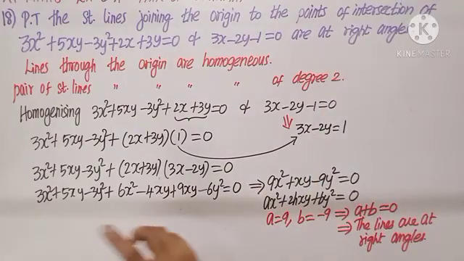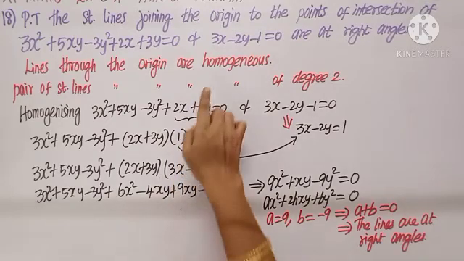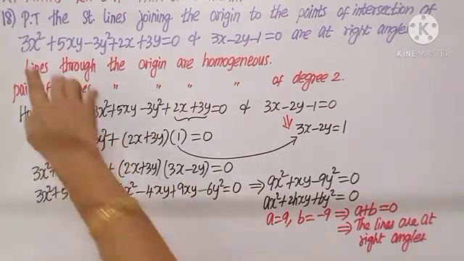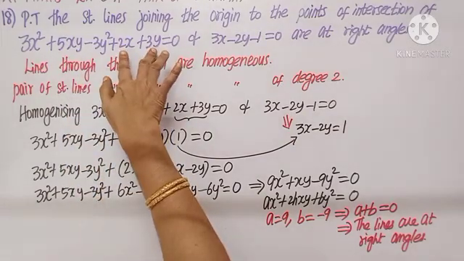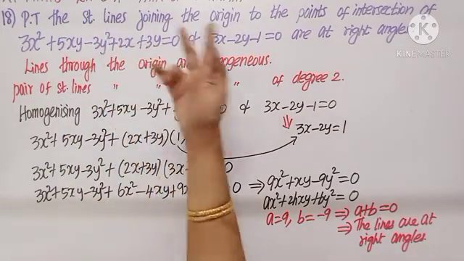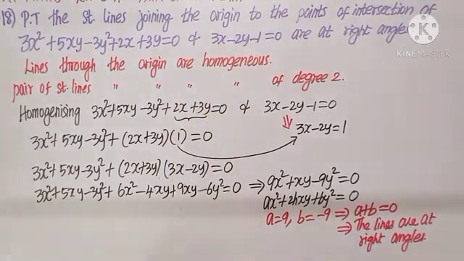So, it's a big procedure. Instead, we use the technique of homogenizing the second degree equation where it becomes linear. Multiply with this linear equation so that it entirely becomes a second degree equation, from which I get a and b values. a + b = 0 will immediately imply the lines are at right angles.